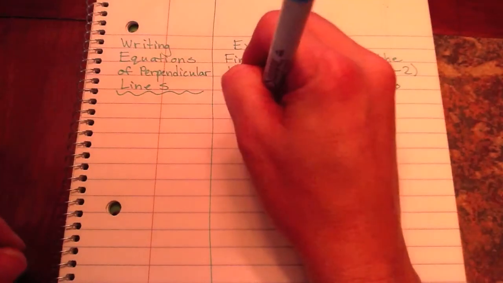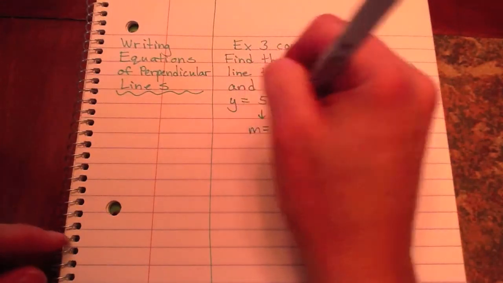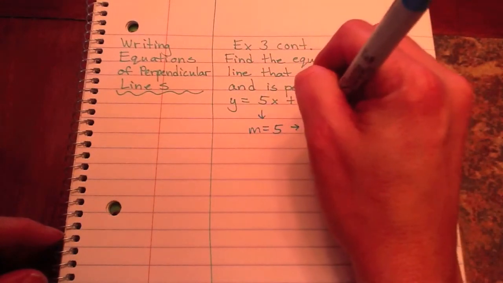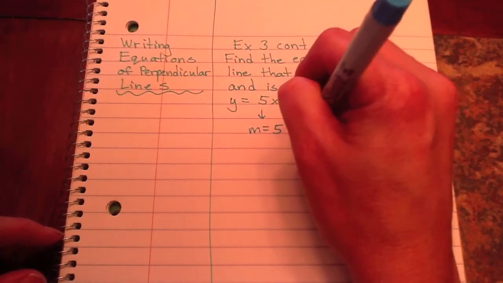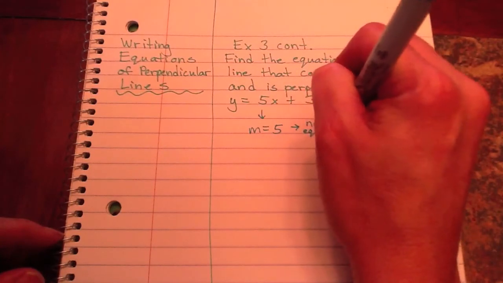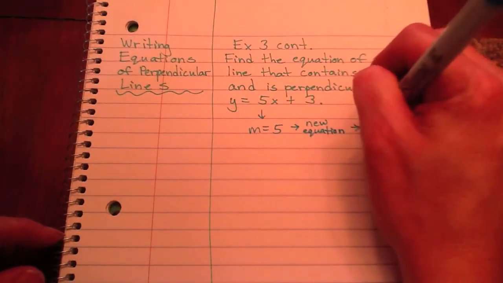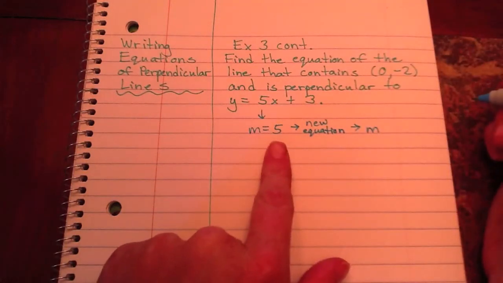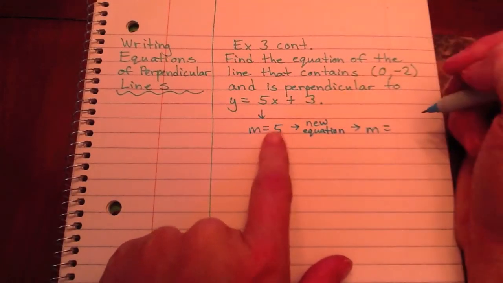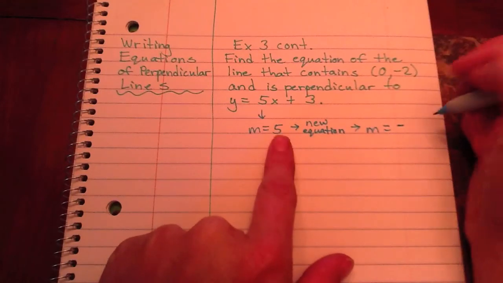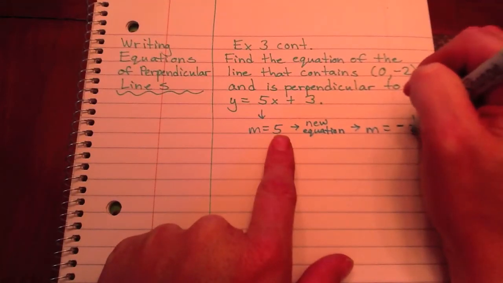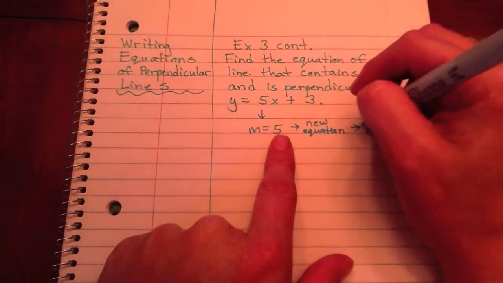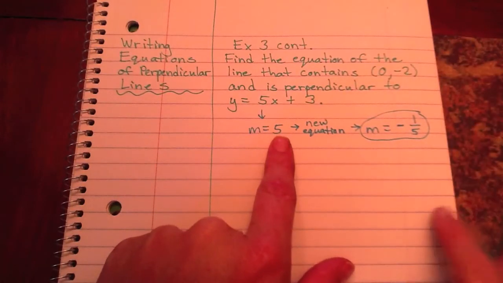So in this case, m equals 5, which means your new equation, the one that's perpendicular, is going to be the opposite sign and the reciprocal. Positive becomes negative, 5 over 1 becomes 1 over 5. So this is the m that you're going to use.